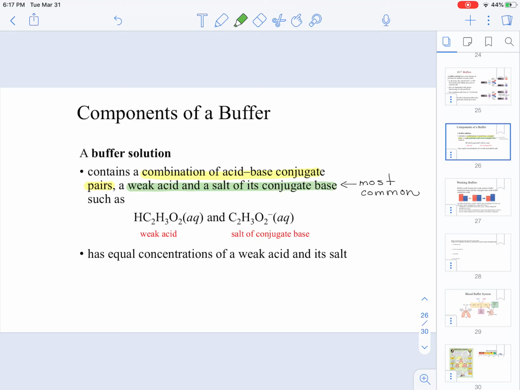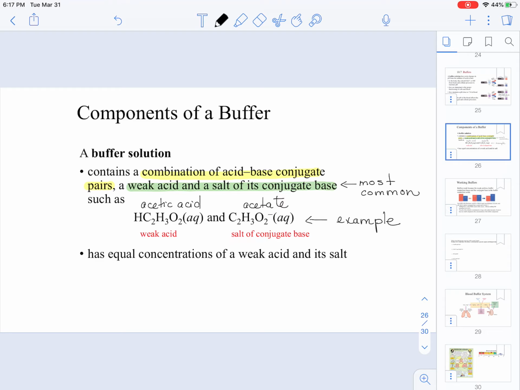To give you an example of a buffer system, we have acetic acid and we have acetate. If you remember from our earlier discussions in this chapter, acetic acid is our weak acid and acetate is its conjugate base. You need to add this weak acid and this salt in equal amounts.